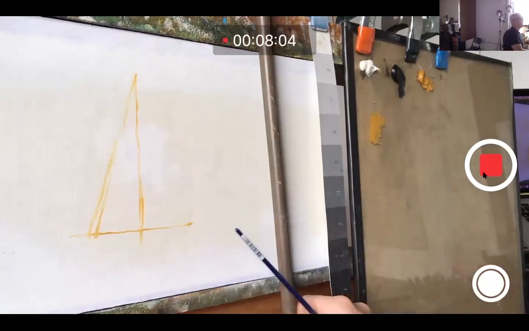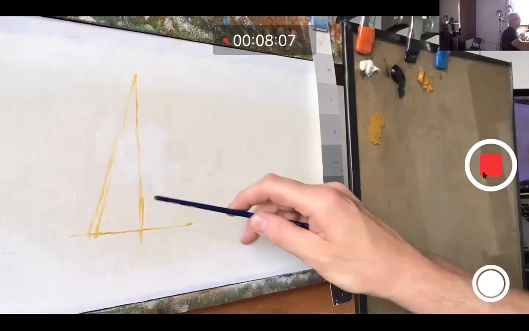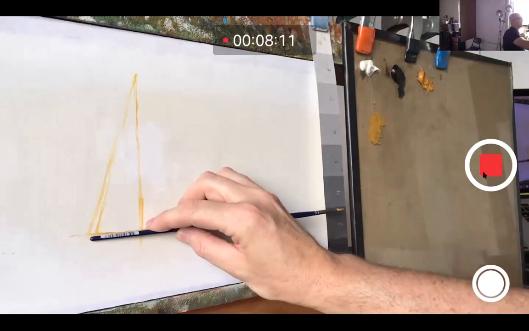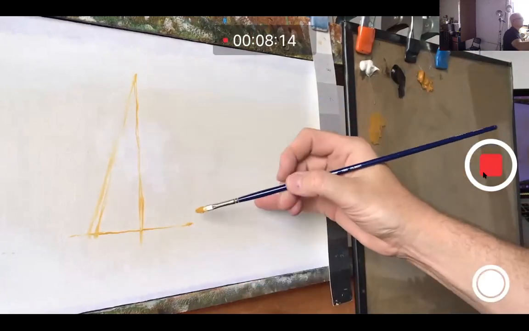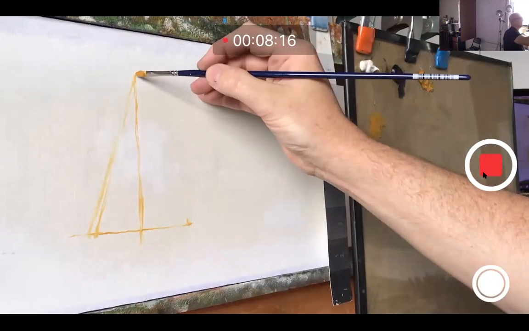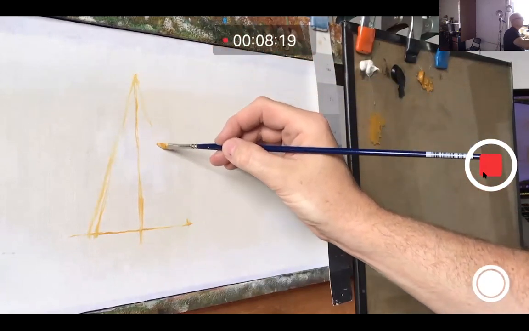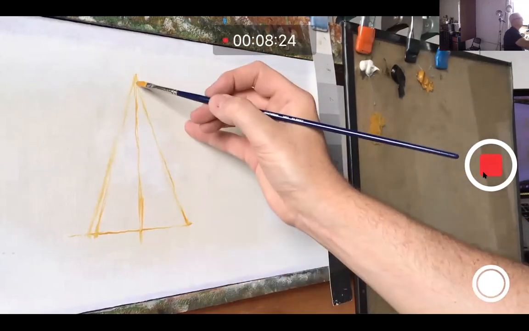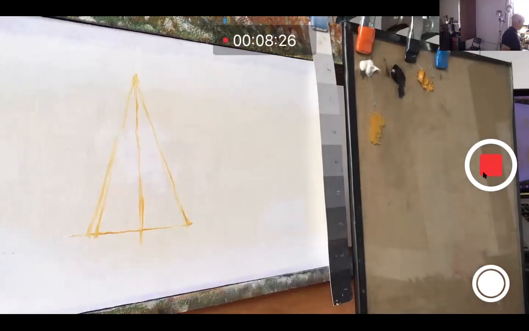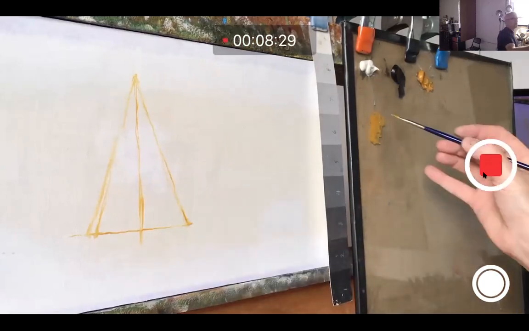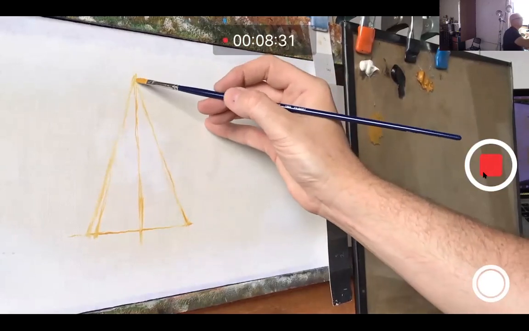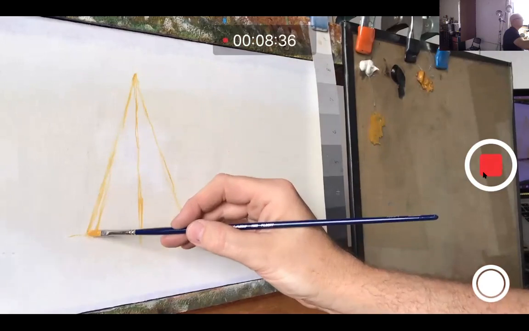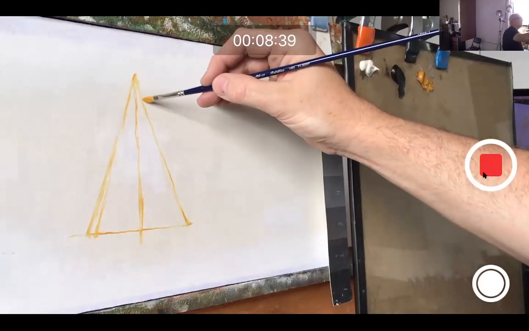in my drawing of the cone. I know that my cone is symmetrical, so I'm going to measure the half of the cone I've just drawn so that I can easily draw that cone so that it reads as symmetrical. If I just try to plunge in and eyeball it, I'm almost definitely going to be inaccurate in the way I draw it.